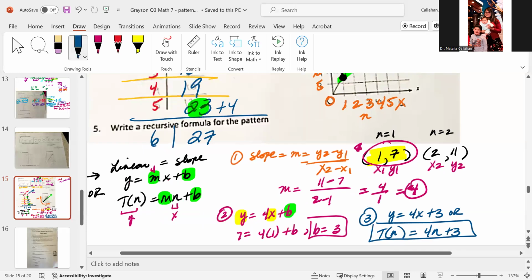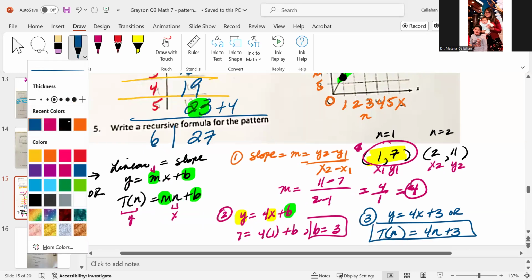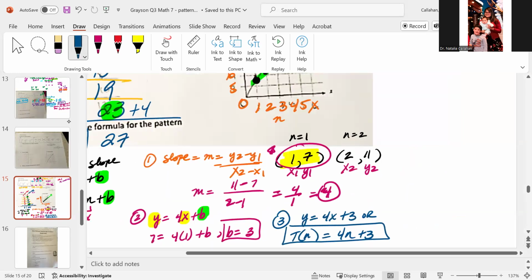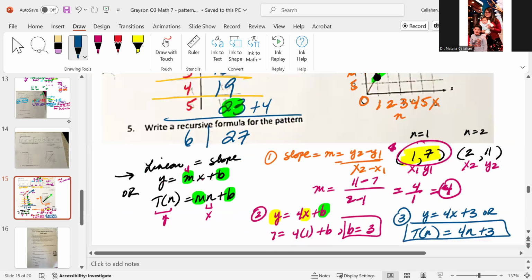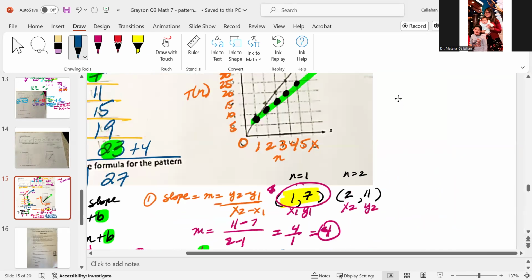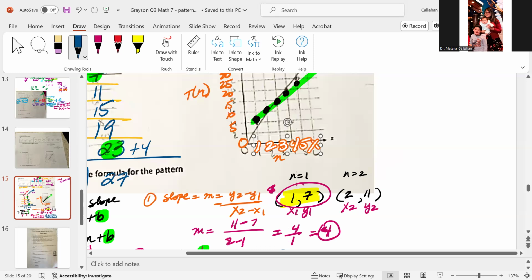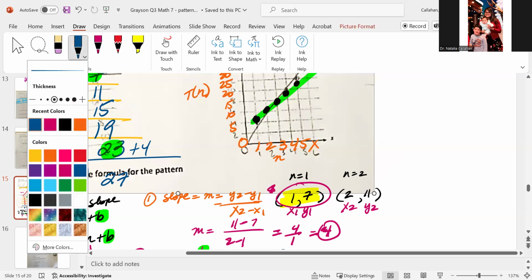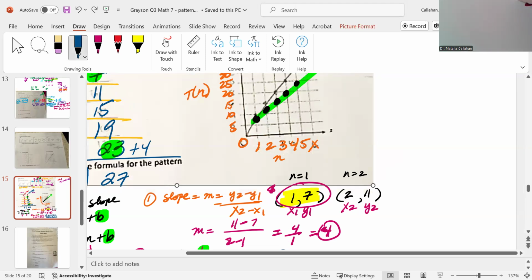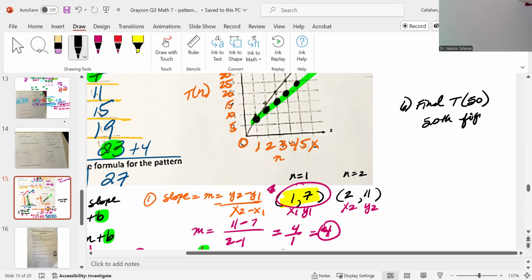So then let's say, for example, there is another equation here. Let's say for question number 6, they want you to go ahead and find t of 50, which is the 50th figure, right?